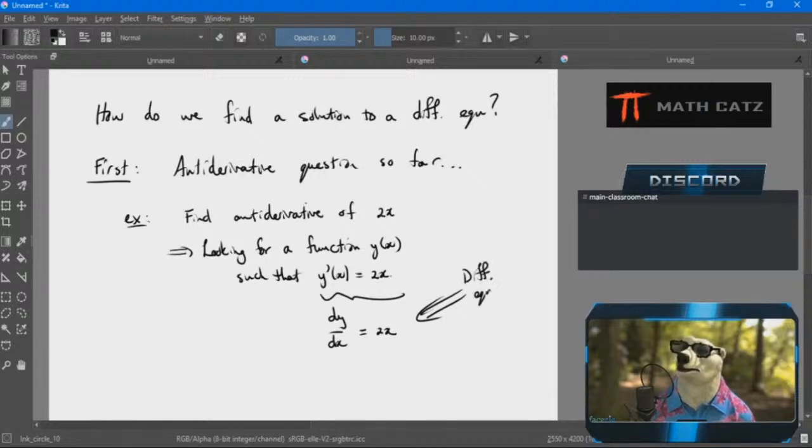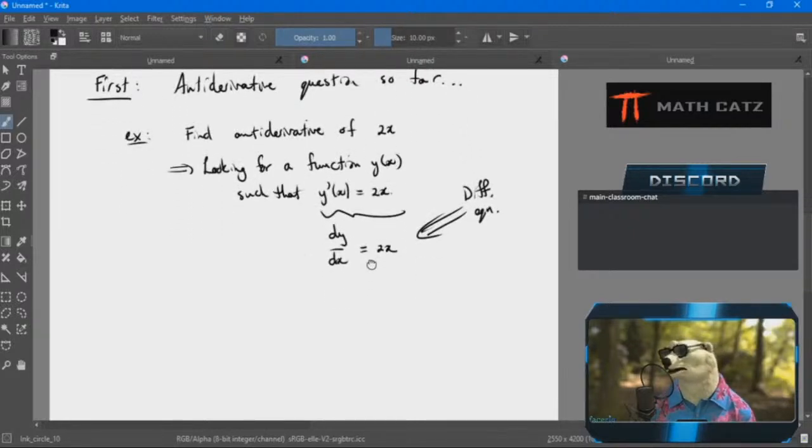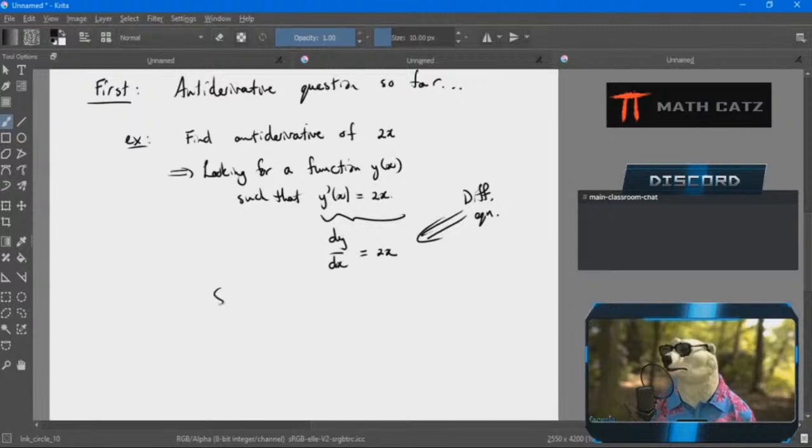This is a differential equation. And by asking for the antiderivative, I'm asking for a solution to this differential equation. And we know a solution, my function y, is represented by this indefinite integral, which I can then just reverse engineer using my known derivative properties to get x squared plus c.